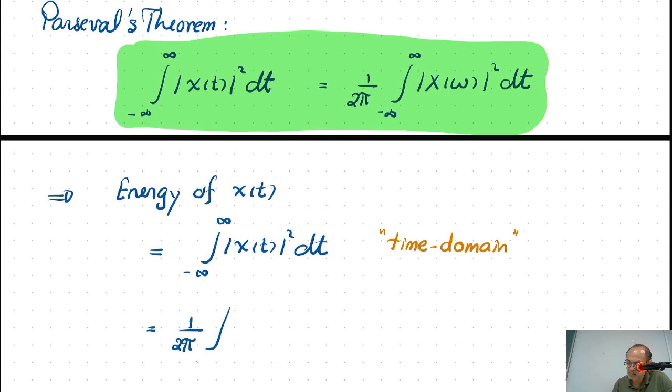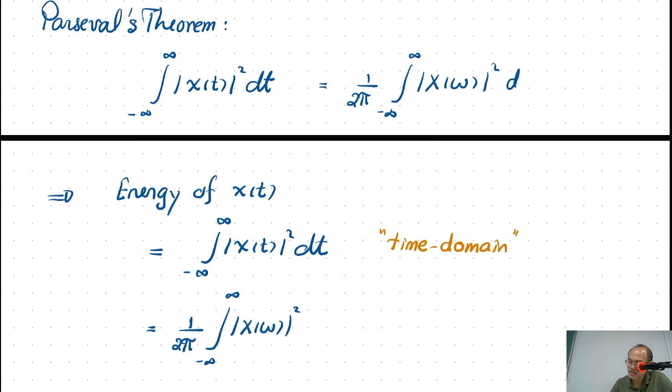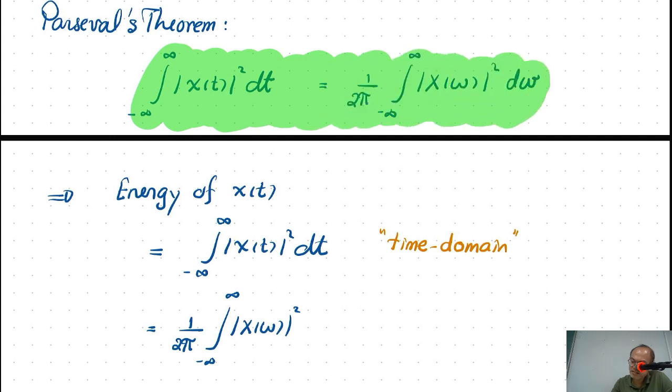So it is the area under the magnitude of the spectrum X of omega squared, d omega. Actually, this has to be d omega. Sorry about that. This is changed to be d omega. Okay.